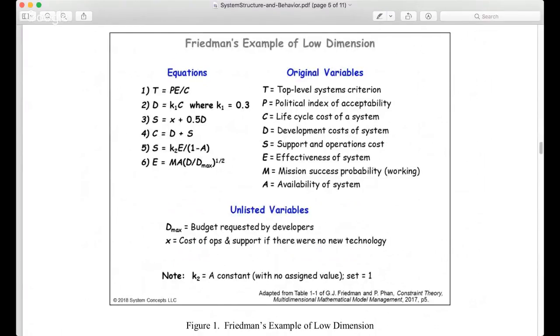And when we look at the idea of multidimensional mathematical model management, we could think about it as saying, okay, we're going to do multi-dimensional Lego block management or multi-dimensional concrete block or brick or whatever.